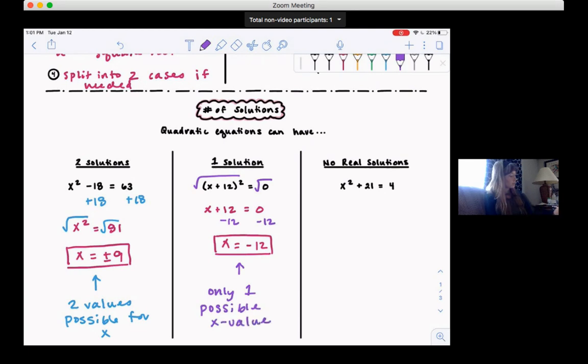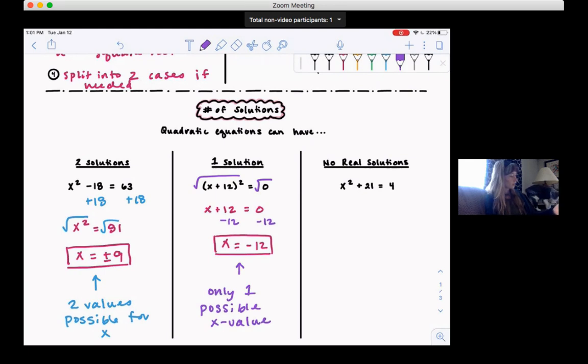All right, the last situation is a situation where we might end up with no real solutions, and we're specifying real because later on in this unit we're going to learn about numbers that are called imaginary and numbers that are called complex. And quadratic equations that have no real solutions will have either imaginary or complex solutions, but we haven't learned that yet.